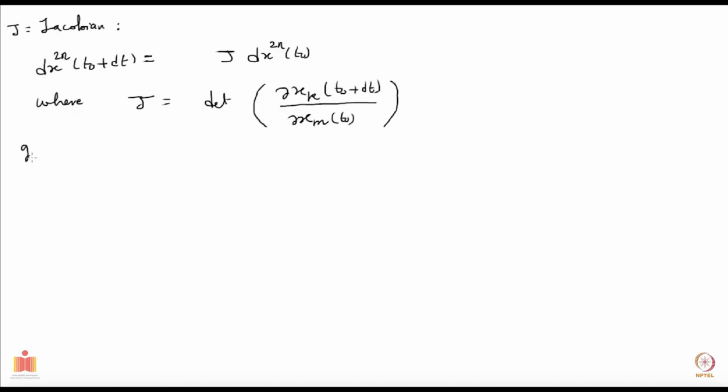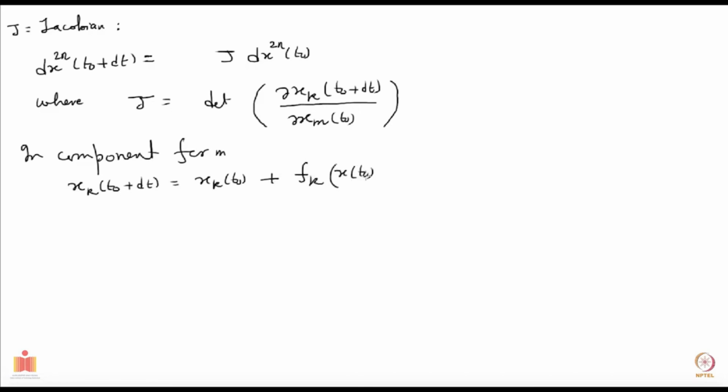So in component form, you have x of k at t0 plus dt is equal to x of k at t0 plus f of k of x at t0 times dt, and you have higher order terms also, which anyway we are going to drop because we are looking at infinitesimal dt. I can drop it here itself, it's unnecessary to carry this.